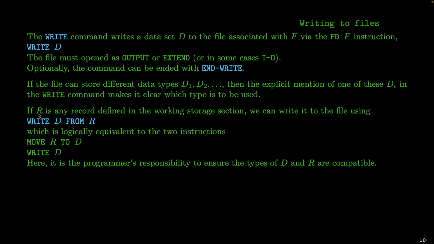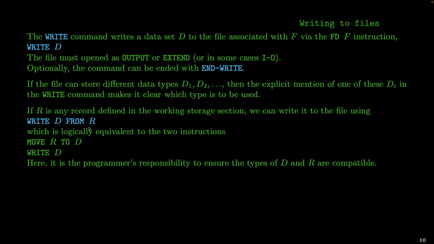Now, if R is any record defined in the working storage section, so not necessarily one that is associated to F via the FD, then we can write this record to the file using write D from R. So what this does is the same as this. First we would move the content of R to D, so to the data structure associated with our file, and then we write D to the file.